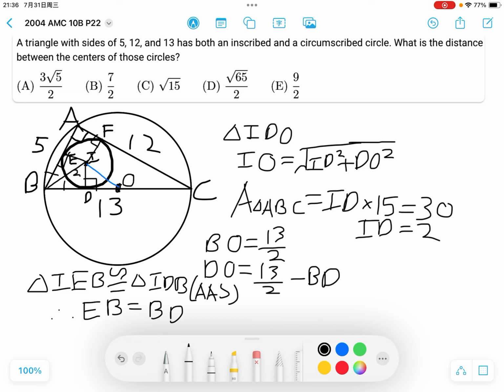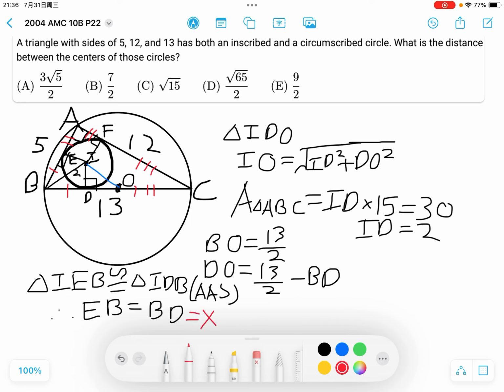For the same reasons, we can prove that AE is equal to AF, and that DC is equal to FC. So we have equal side lengths here, and let's call EB equals BD equal to X.